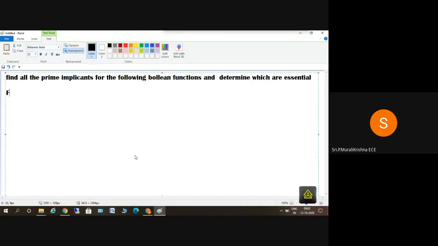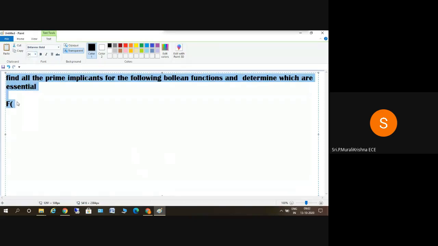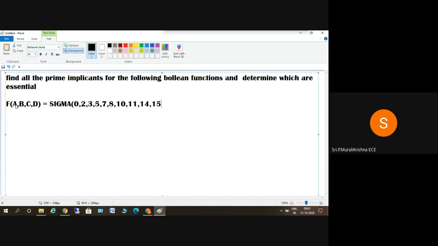That is f of a, b, c, d is equal to sigma of 0, 2, 3, 5, 7, 8, 10, 11, 14, 15.